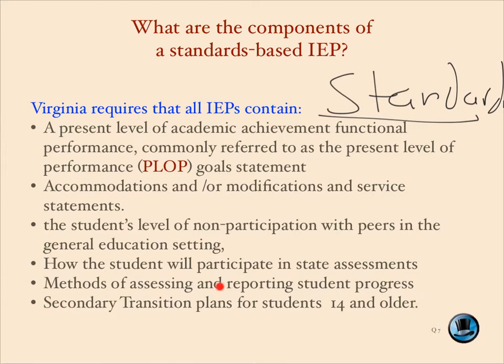We need to look at 14 for students who have transition issues. It must be in place at 16. We need to start taking a look at it at 14. I'd encourage you to look at it much younger, because there are all these transition issues like getting up on time, being responsible, personal hygiene, listening to instruction, social skills, working in groups, things that I think a lot of us would benefit from.